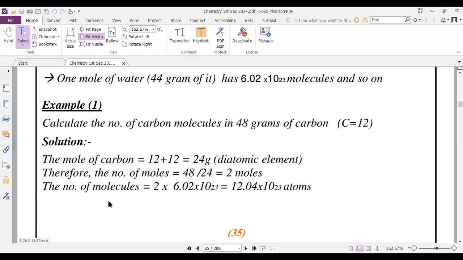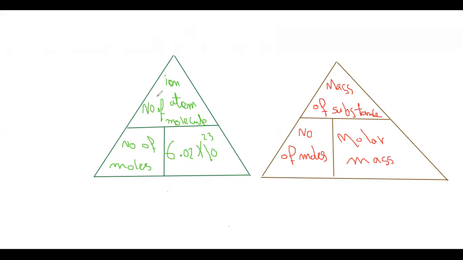So number of molecules equals what? If you have the number of moles, try to revise this: number of moles equals number of ions or atoms or molecules divided by Avogadro's number.